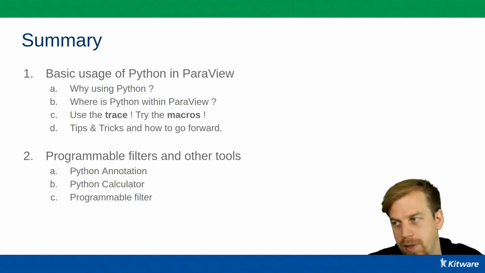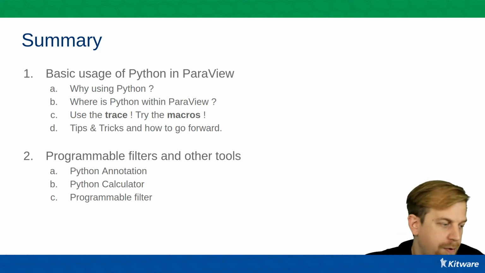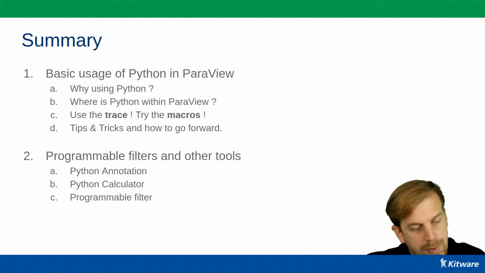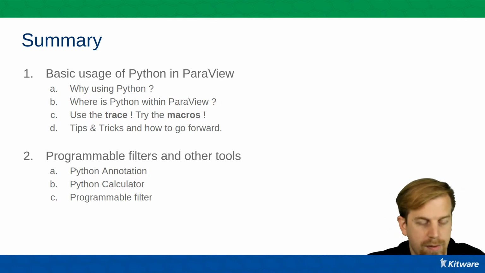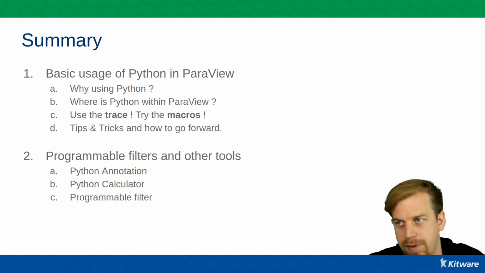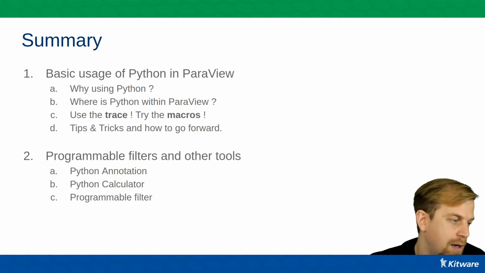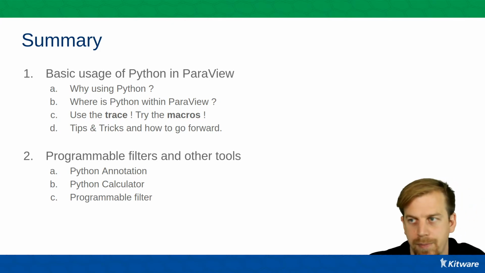There are multiple examples of that. For example, there is Jupyter, which lets you connect a Jupyter kernel to ParaView with some specific plugins that have been developed by Kitware. Another example is LidarView, which relies heavily on the Python interface of ParaView to work.